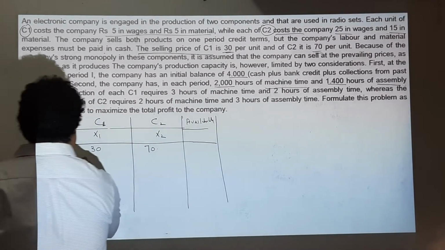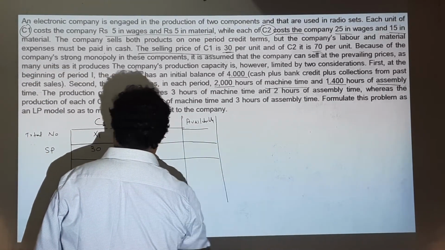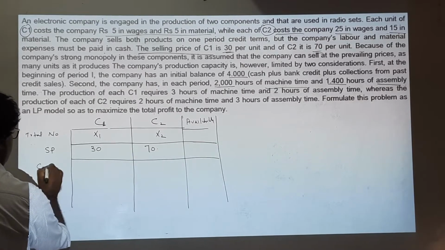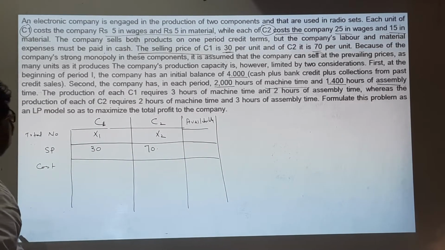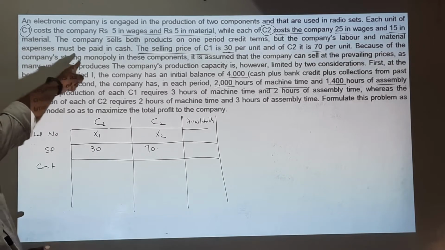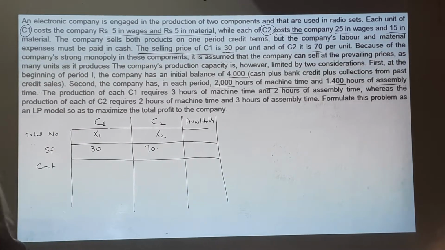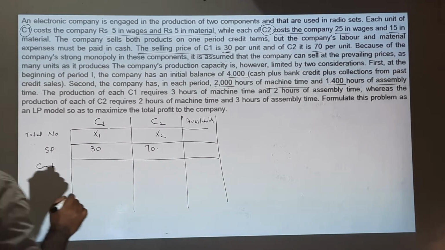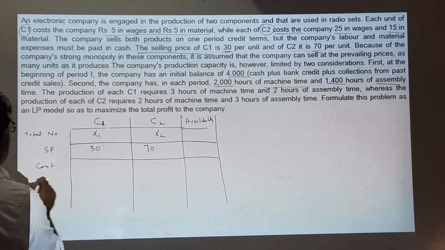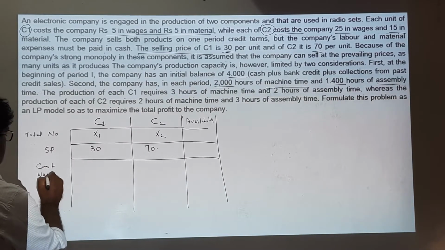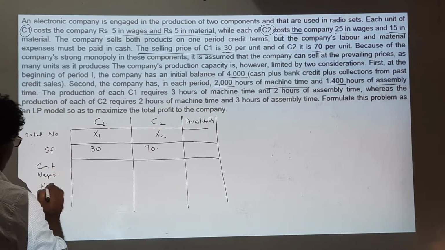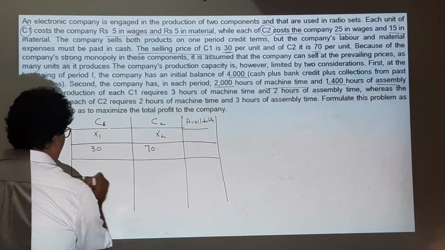Now we need to calculate the cost. Cost has two components. One is wages and another one is materials. Correct, no? So we have to calculate the wages as well as material.